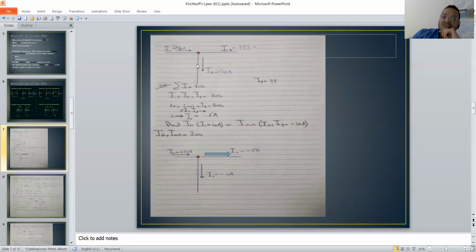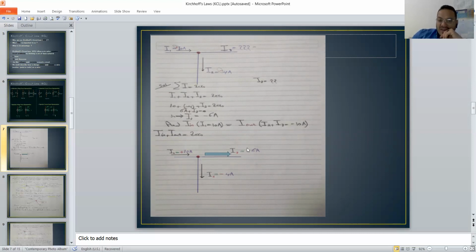What does that mean? When I say minus 6 ampere, what does it mean? It means the current will go away from this closed circuit.